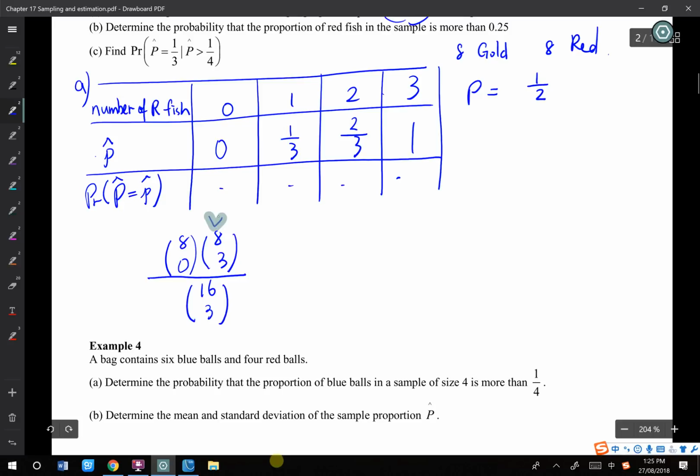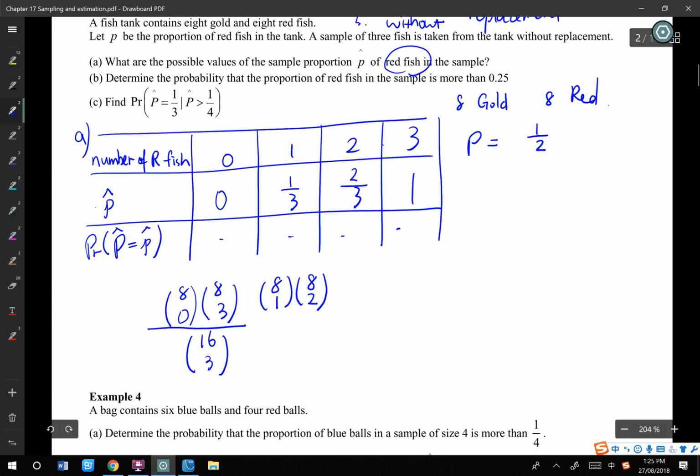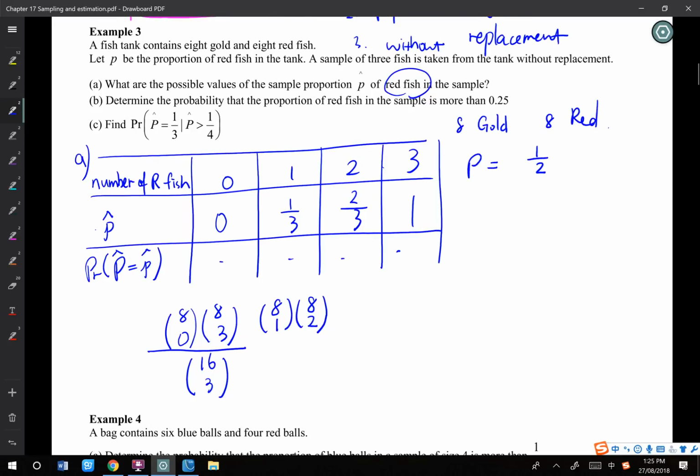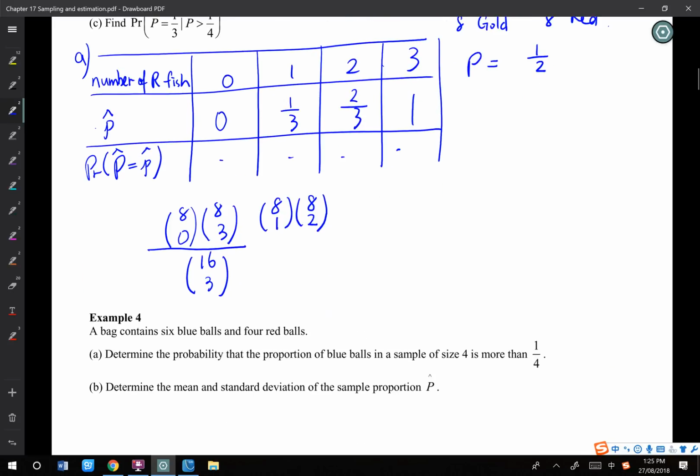That's the first one. For the next one, from 8 red fish, I want 1 red fish; from 8 goldfish, I want 2 gold, over the same denominator. I just randomly select 3 fish from 16 fish, and count how many ways we can do it. The numerator is how many ways I can get the particular type of sample.